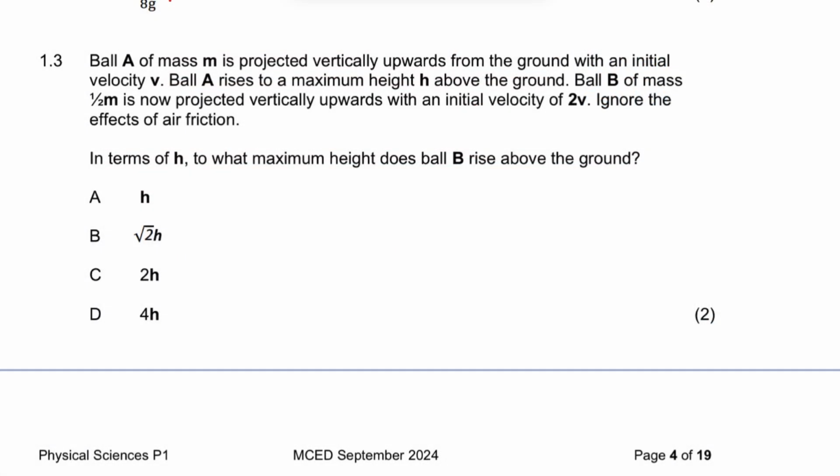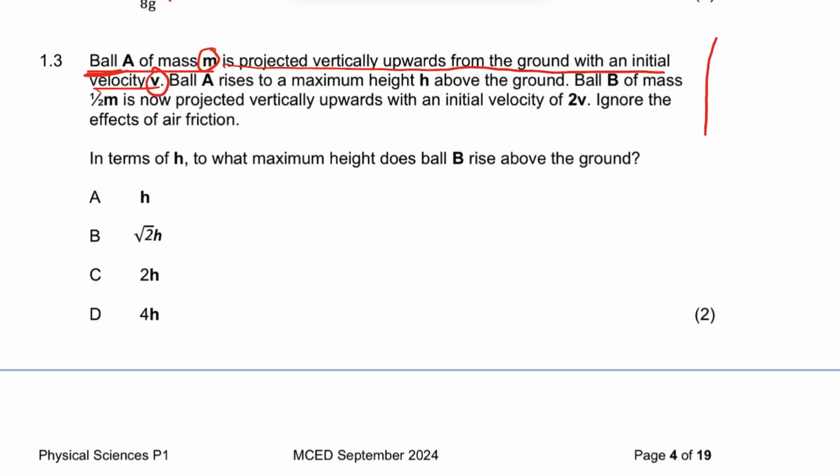Question 3. It says a ball of mass m is projected vertically upwards from the ground with an initial velocity v. So we have ball A. We are told it has the mass m and its initial velocity is v. So let's have a drawing of that scenario.